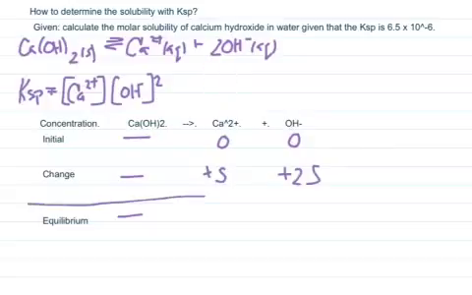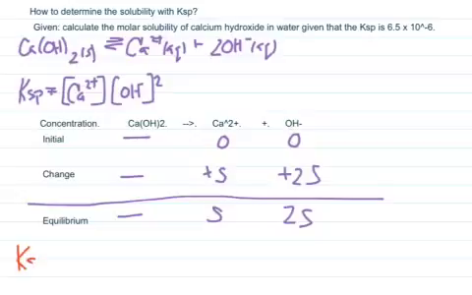So let's see what happens at equilibrium. We have 1s for calcium, and for hydroxide we have 2s. So let's fill this in with our Ksp. So we know our Ksp is equal to our calcium ion and our hydroxide ion, squared.